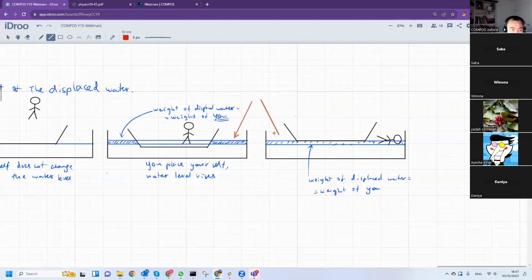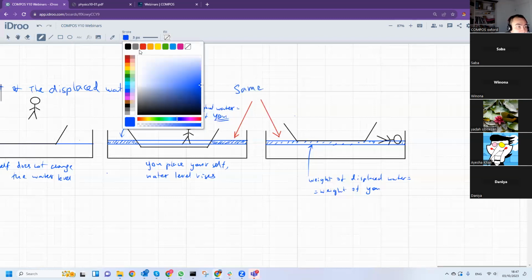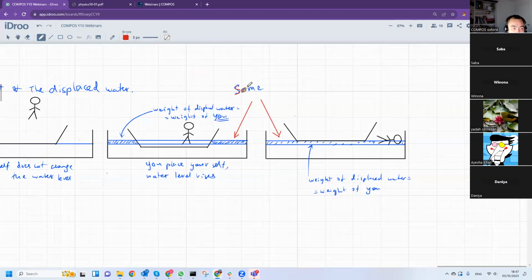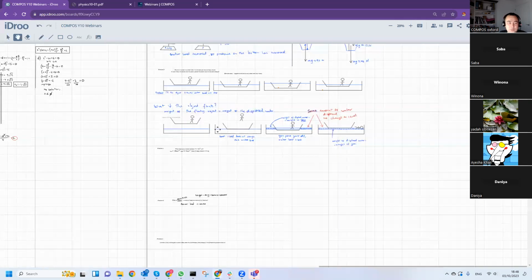So there's no change in the water level.